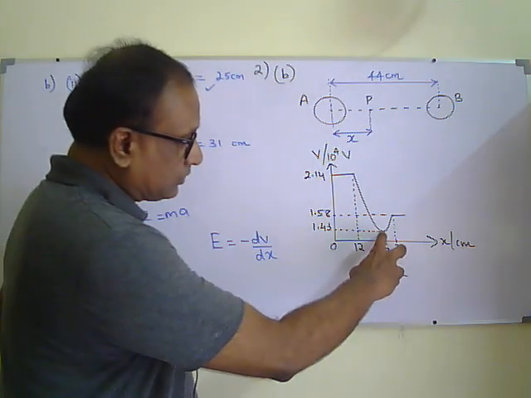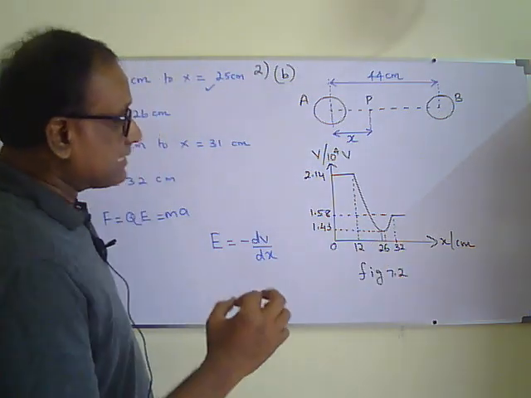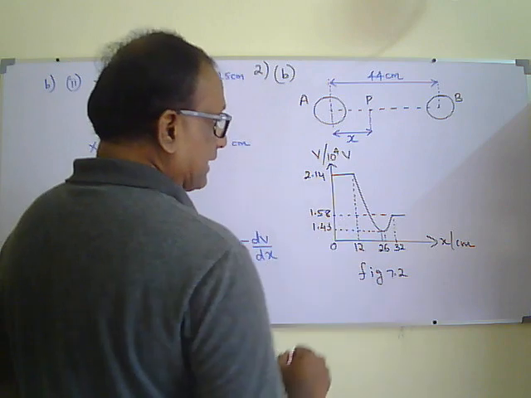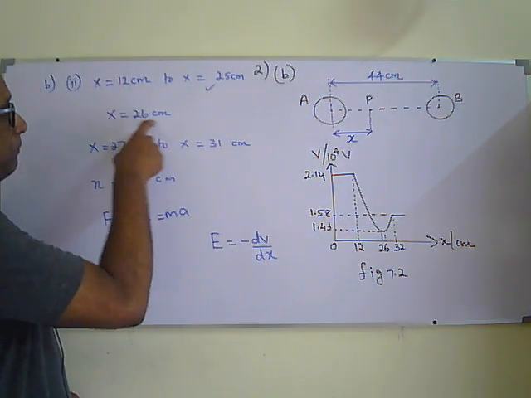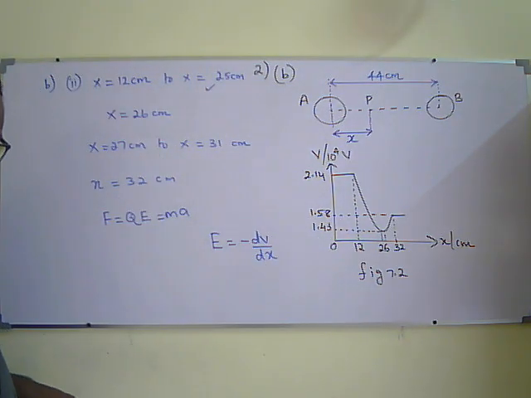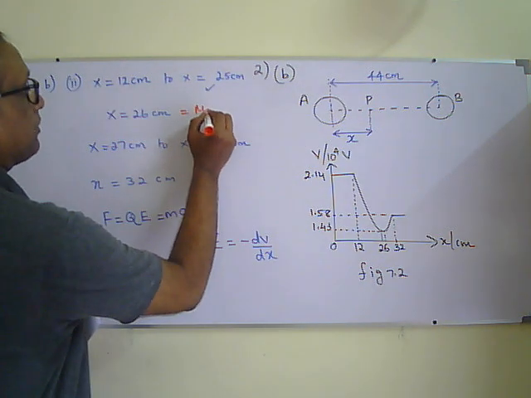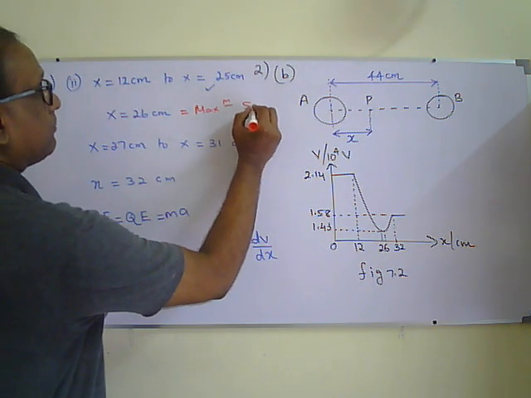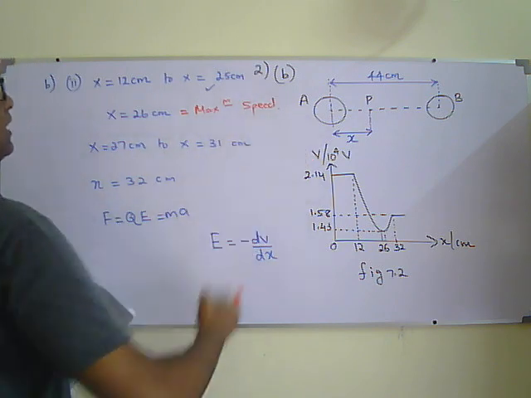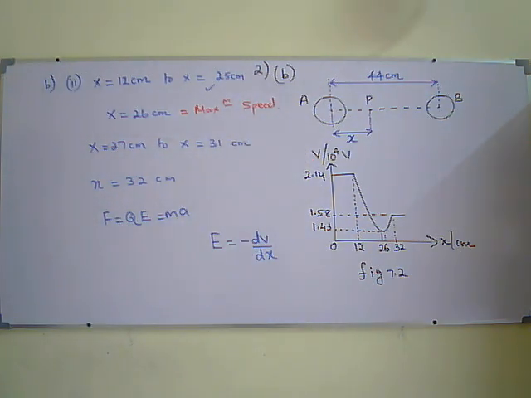So until 26 centimeter, it is accelerating. So at 26 centimeter, it will have the maximum speed. Okay, I can say maximum speed occurs at 26 centimeter.